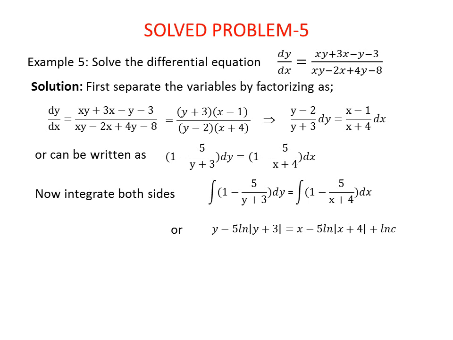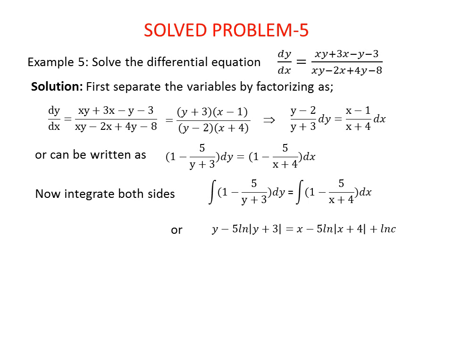Equal to sign, then on our right hand side the first term is 1, so the integral of 1 is x, and the second term is minus 5 over x plus 4.